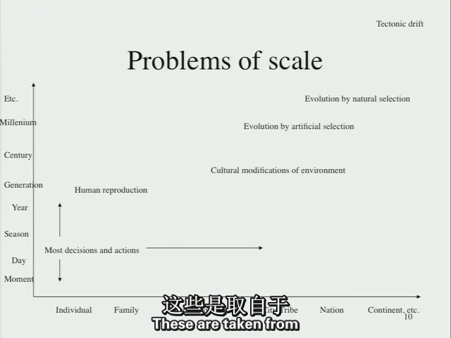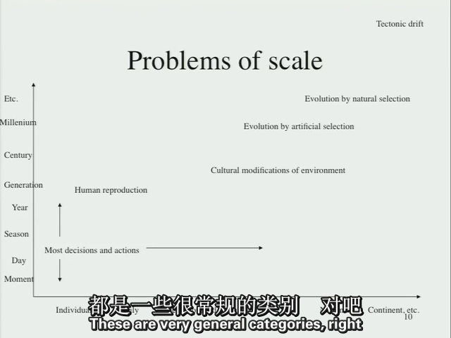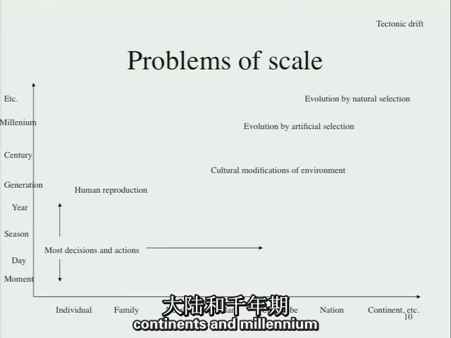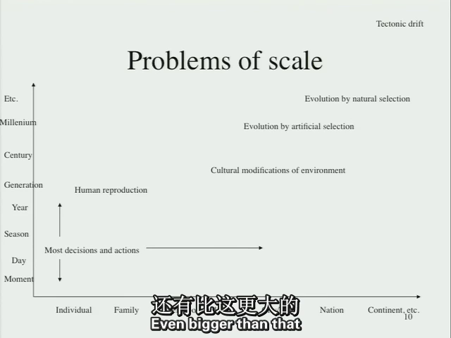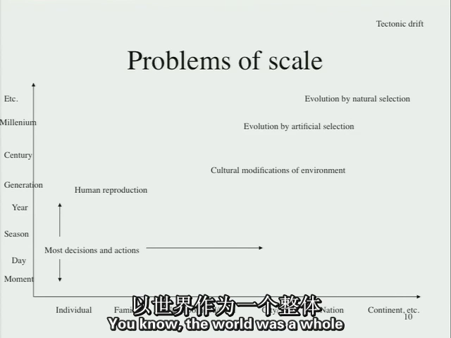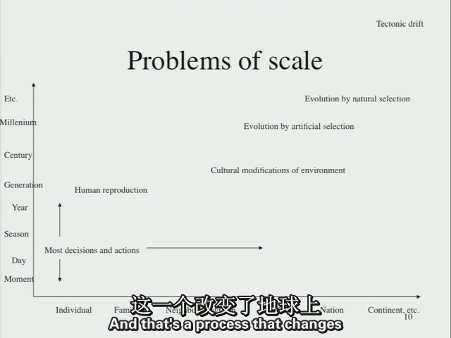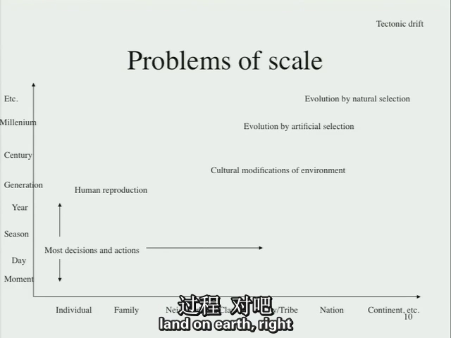These are very general categories, right? At very large scales, continents and millennia, even bigger than that. The world as a whole, over hundreds of millions of years, we can think about tectonic drift. And that's a process that changes the distribution of land on Earth, right?